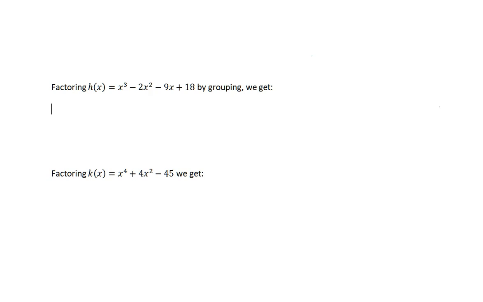So here I'm going to try and factor this out by a group, and I'm going to have some solutions here. I can see I've got a negative 9 and a positive 18. So if I factor a 9 out of there, I'm going to have a group, right?